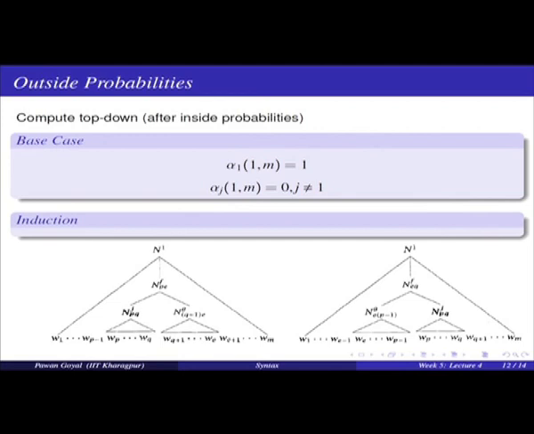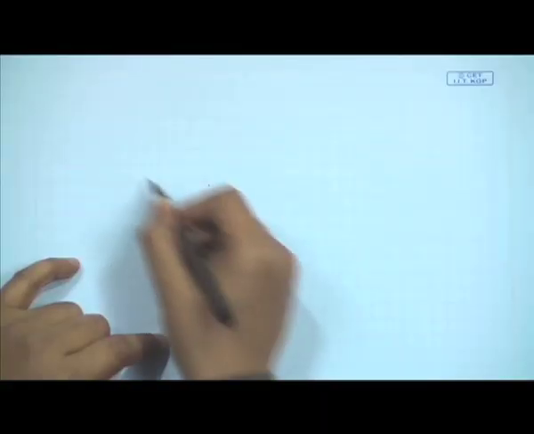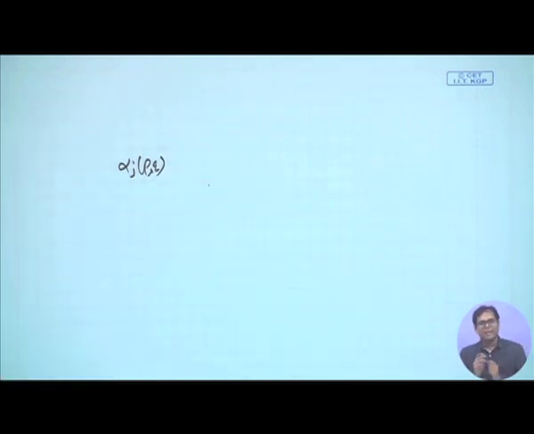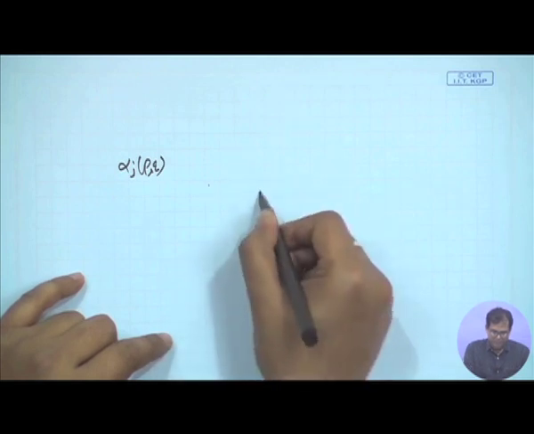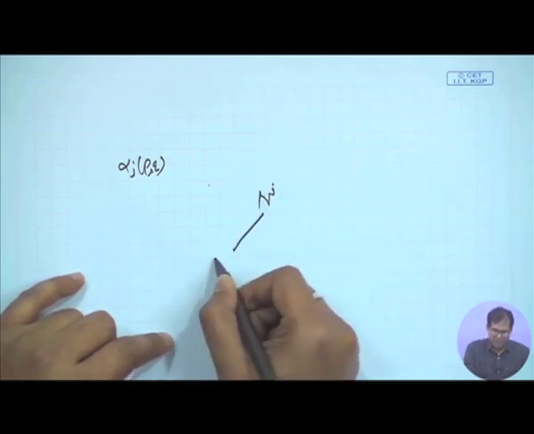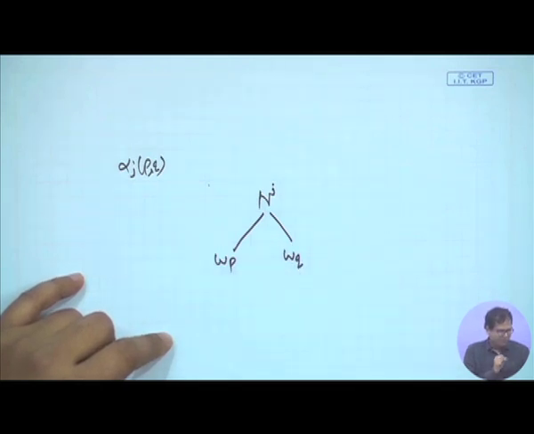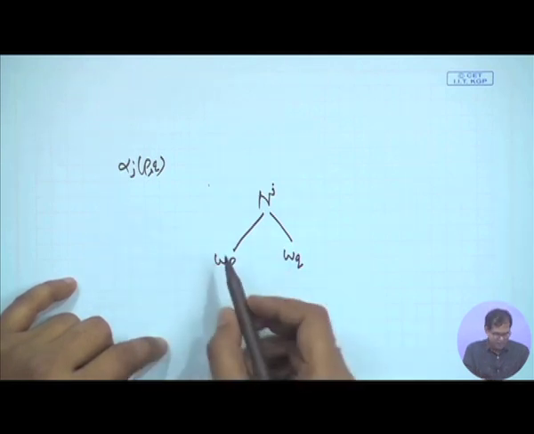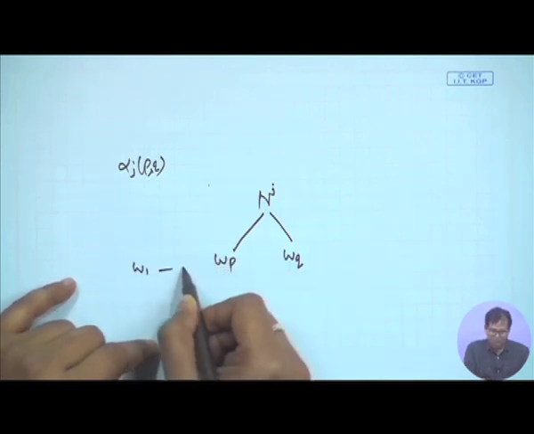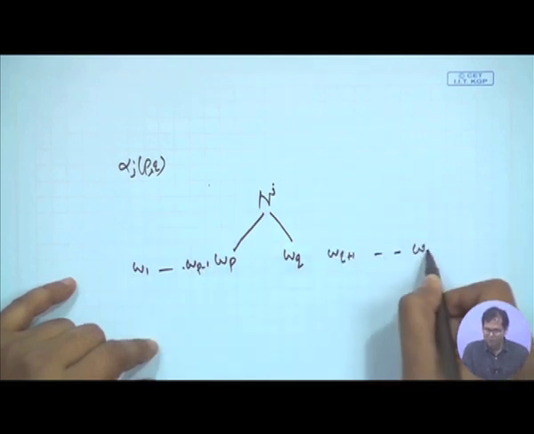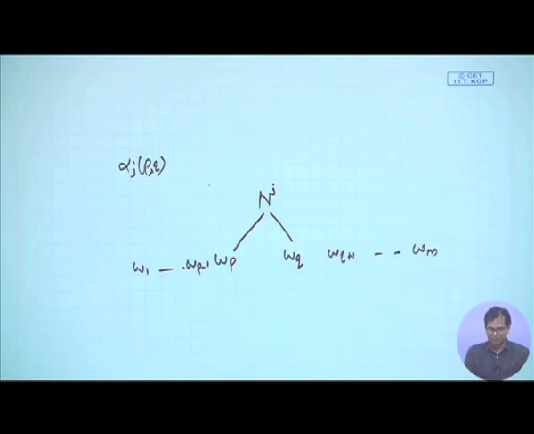I have to compute alpha j pq, and I am going top down. Now what is alpha j pq? I have a non-terminal nj that derives wp to wq, and everything else, w1 to wp minus 1 and wq plus 1 to wm, is there in the sentence.